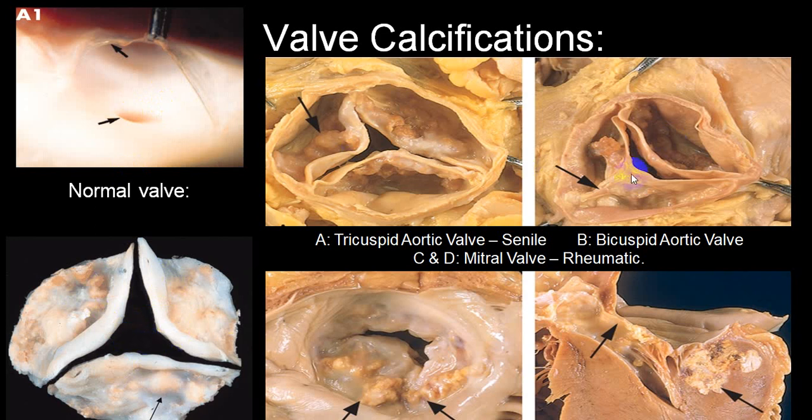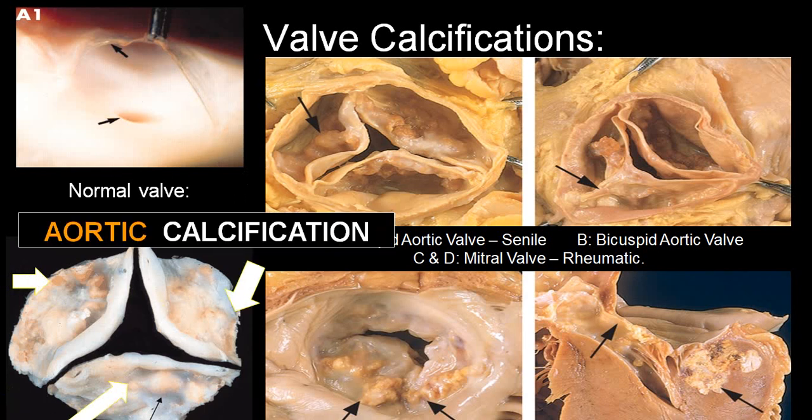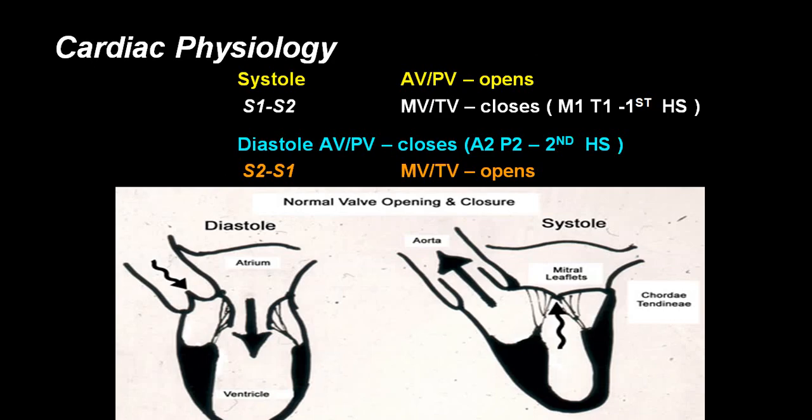This is a bicuspid calcified aortic valve. This is rheumatic mitral valve involvement, thickened, with rheumatic inflammatory material deposited. So, aortic calcification.